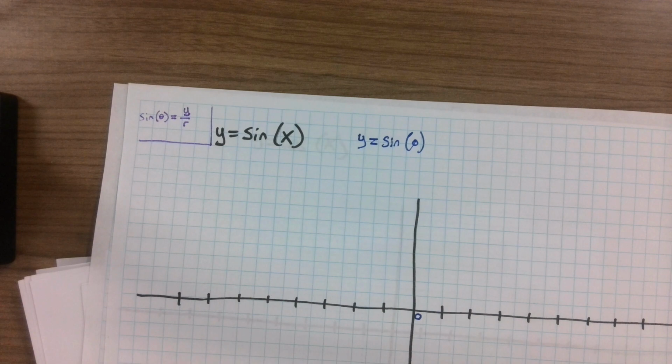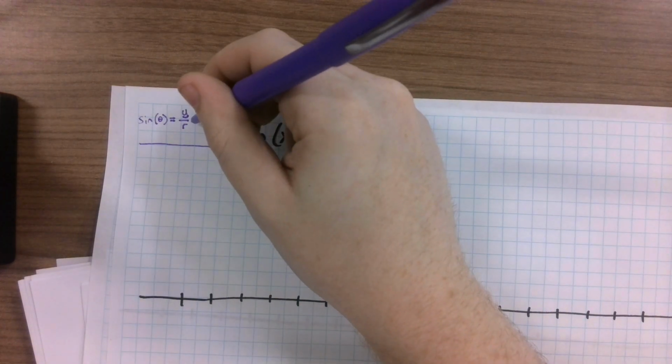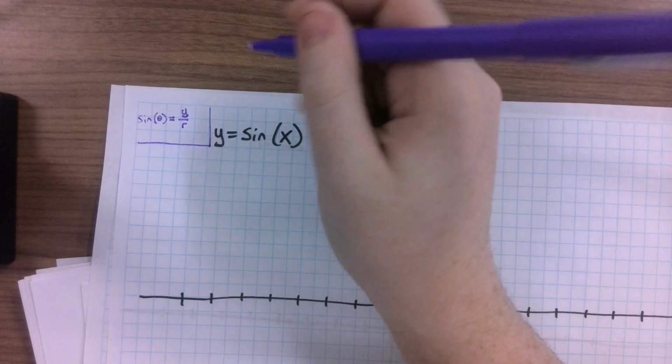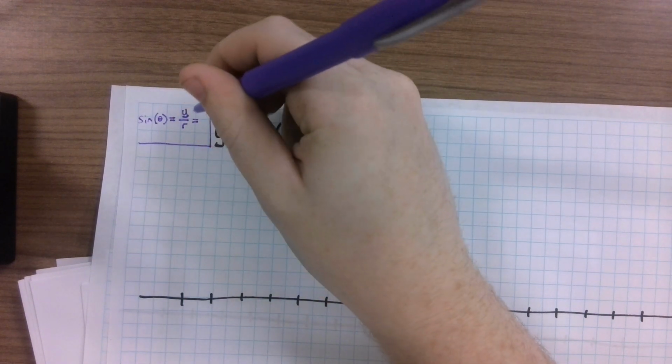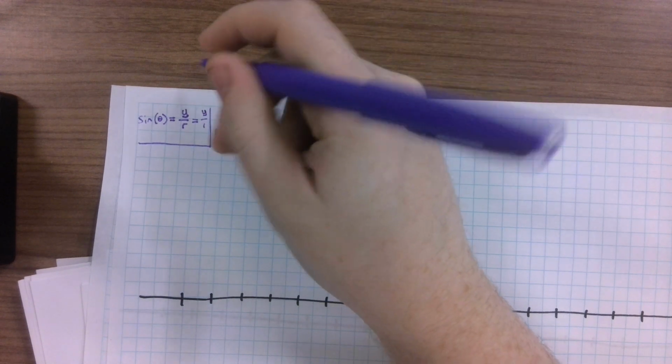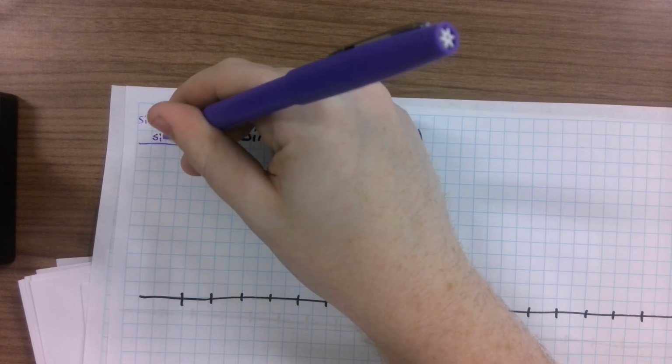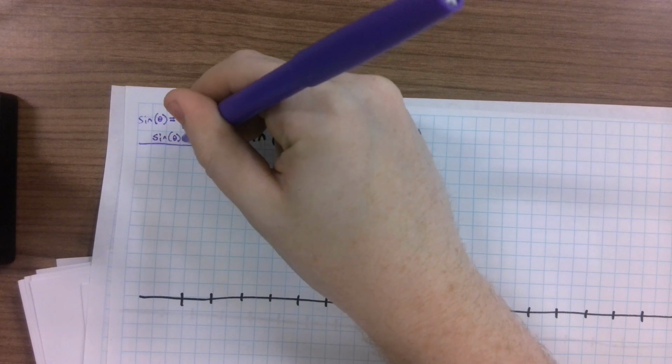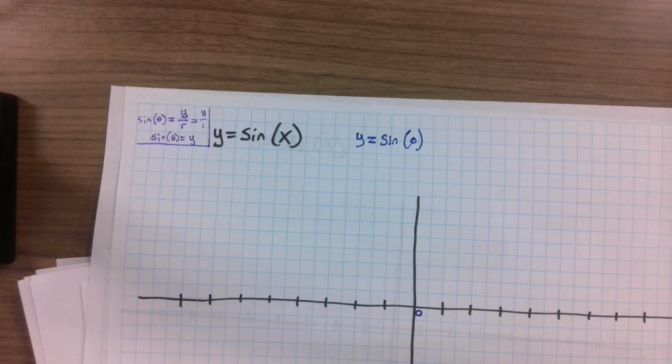It's like opposite over hypotenuse, but not quite. When we're dealing with a unit circle, what was our r value? Well, that was just y over 1, meaning the sine of any angle is equal to just the y value of its point on a unit circle.